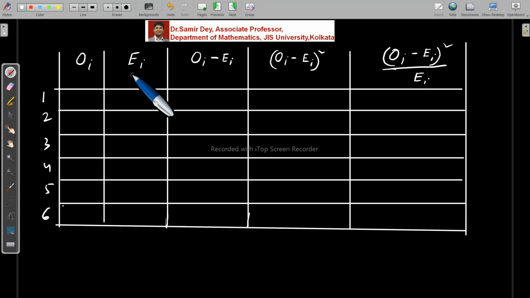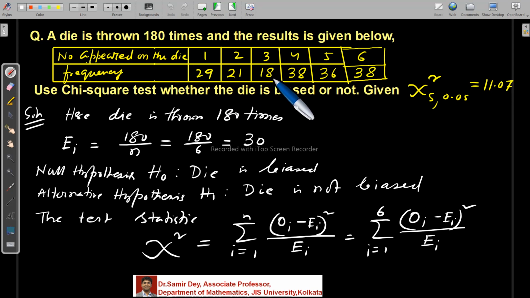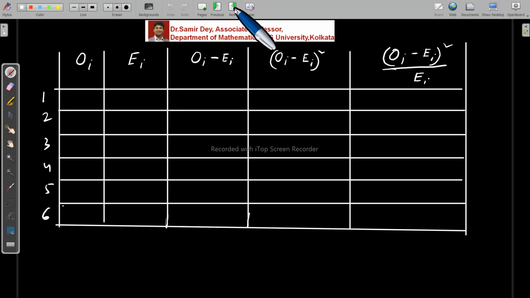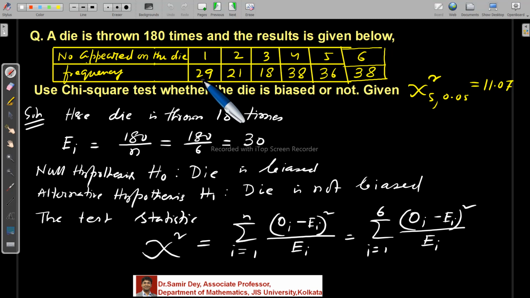Correct. What about your Oi? You can write down your Oi from here. So we may write 29, 21, 18, then 30, then 36 and 38. Is it clear to all of you from where it is coming? From the given point: 29, 21, 18, 30, 36, 38.